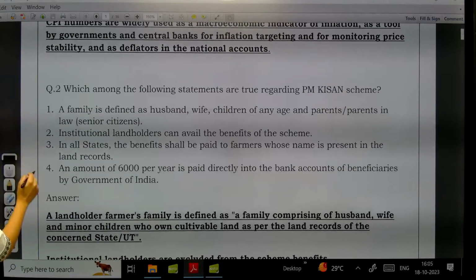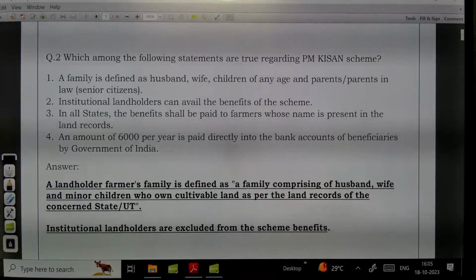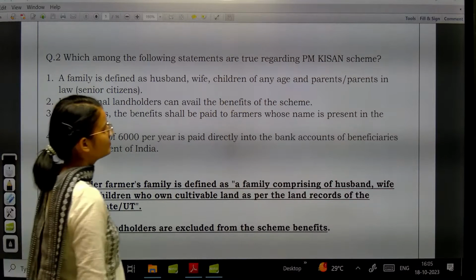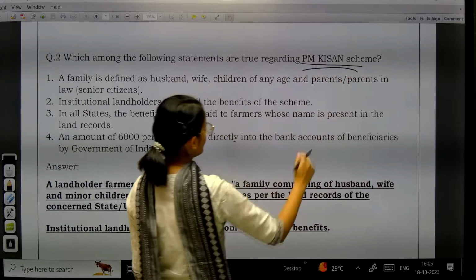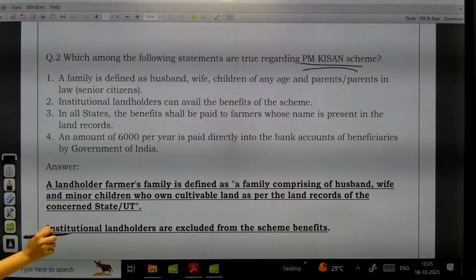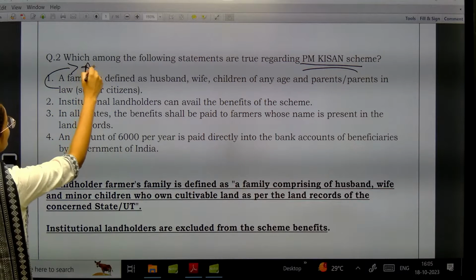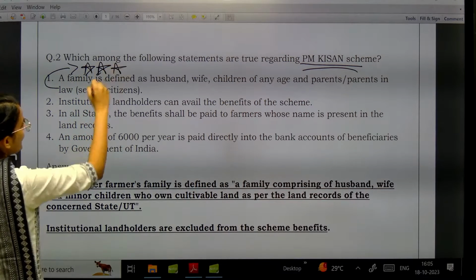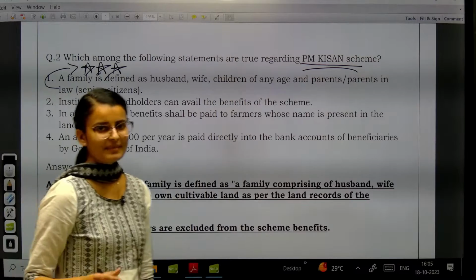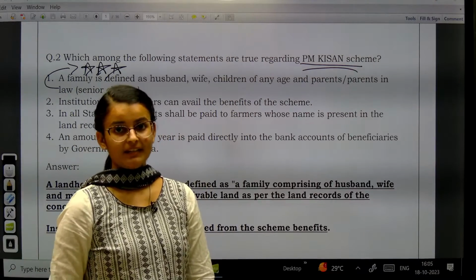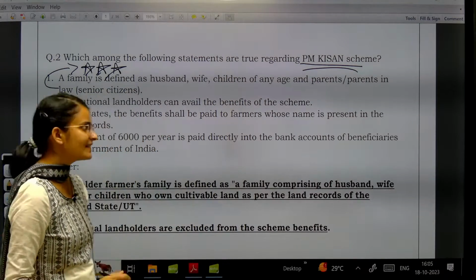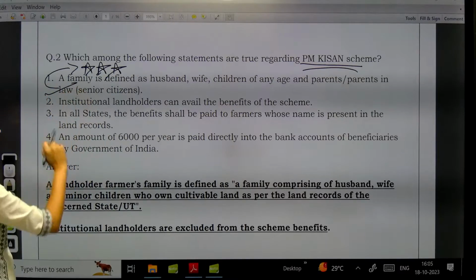Next question. Which among the following statements are true regarding PM Kisan? I have specially told you in PIB that the definition of family is very important. You know why? If you open the ministry website, the third statement, you will see there is a definition of family.